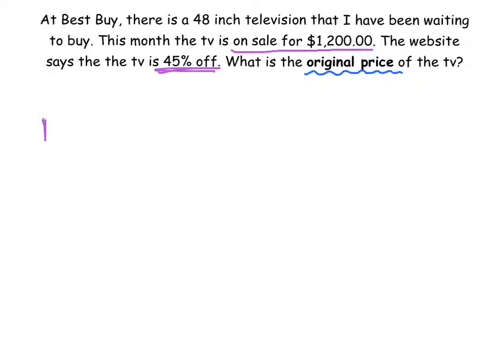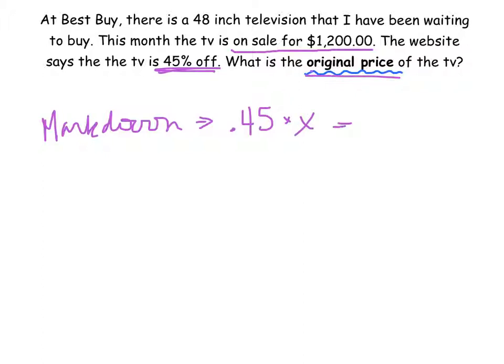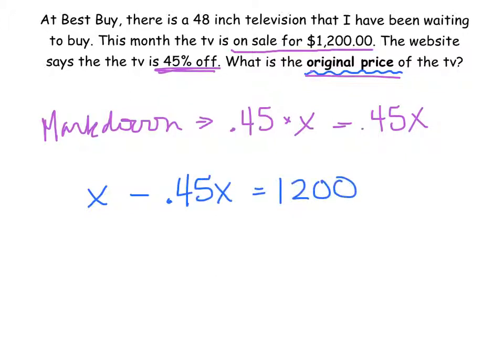So, like always, I've started with markdown, and we can do that again. Markdown is the percentage, so in this case 0.45, times the original, which is unknown, so we'll call it x. So 0.45x is our markdown. So when we put it into the equation, we start with the original, which we've called x, minus our markdown, 0.45x, equals our sale of $1,200.